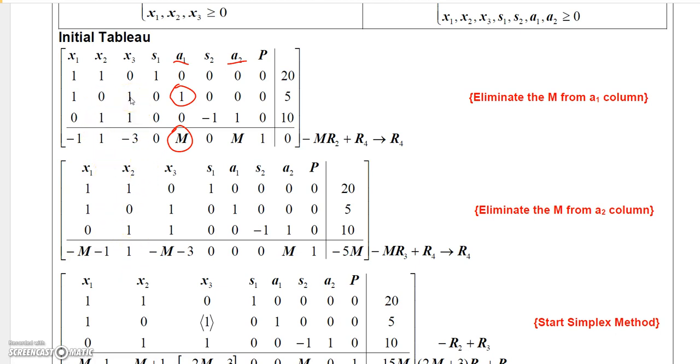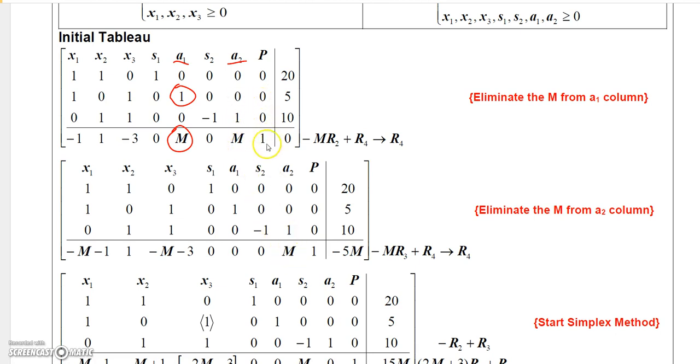Negative M times 1 would be negative M minus 3, which gives me negative M minus 3. And then negative M times 0 plus 0 is 0, so that's going to be here. Negative M times 1 plus M is going to give me 0, so that's going to be here. And then negative M times 0 plus 0 is 0. Negative M times 0 is 0 plus M is M.